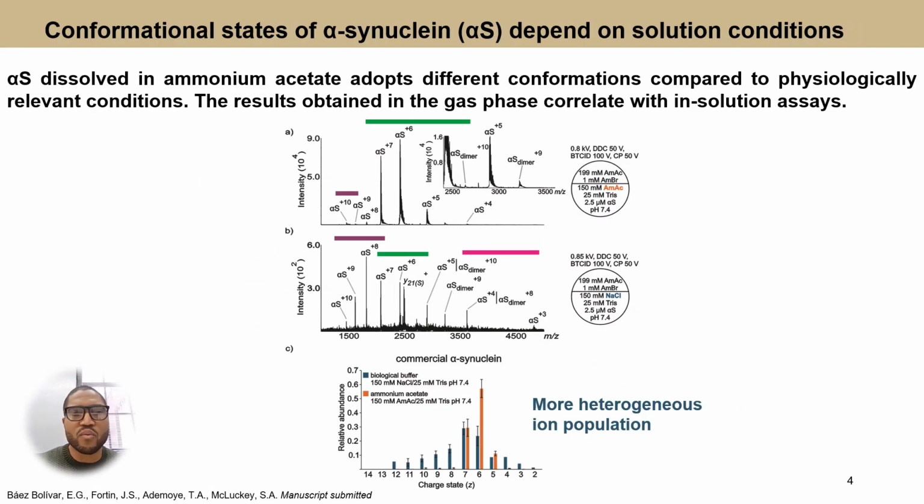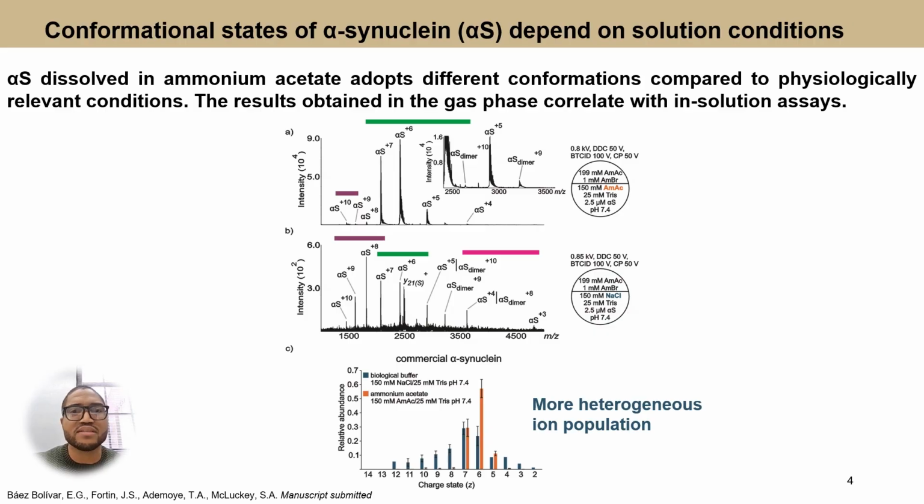In this slide, I want to show you an application of the method implementing theta emitters with solution additive. I wanted to probe conformational changes of a protein. I chose alpha-synuclein because it is an intrinsically disordered protein and its conformational states are well known to depend on solution conditions.